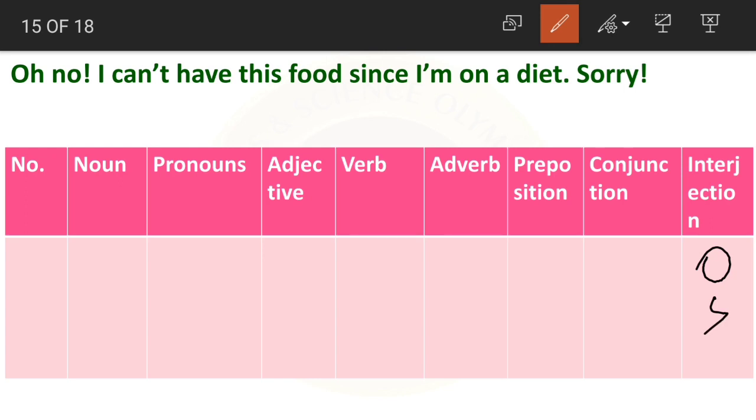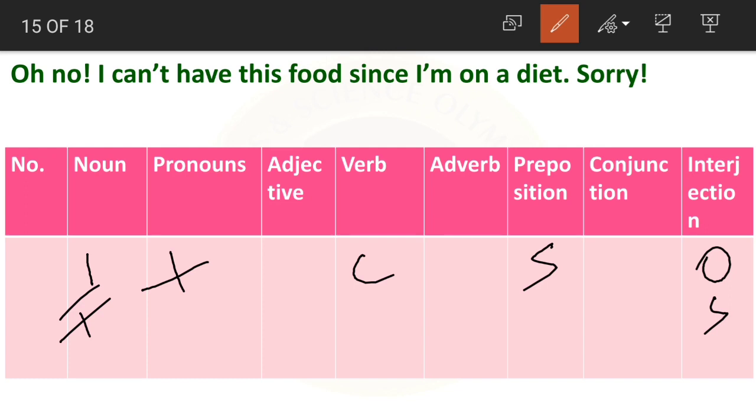I can't. What is I? Noun. Can't have, both of these become verb. This food. We don't know what food it is, but we are telling it this food. So instead of a noun we are using the word this, so this becomes pronoun. Again food becomes noun. Since, preposition.